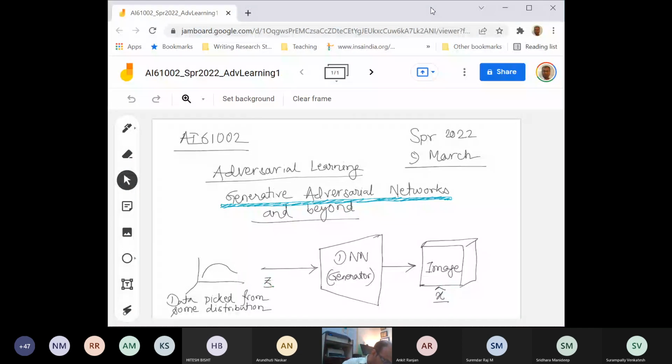Now, typically, how it's characterized is that the dimension of Z is less than or equal to the dimension of X. This is typically the practice. It does not necessarily always imply that the dimension of Z has to be lesser.